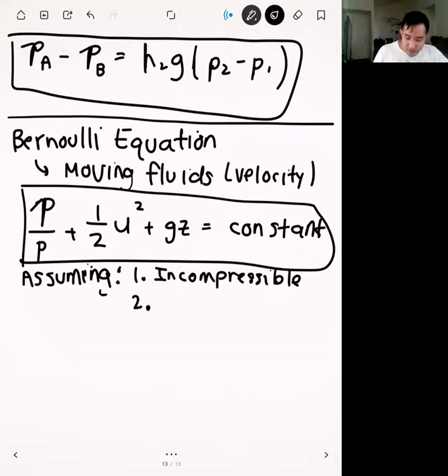Okay, so the second assumption here is steady. Remember, steady all means is that the fluid's not accelerating or decelerating. The third assumption is inviscid, and all inviscid means is that we can ignore viscosity.